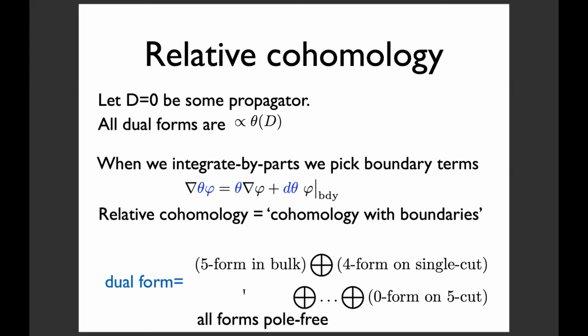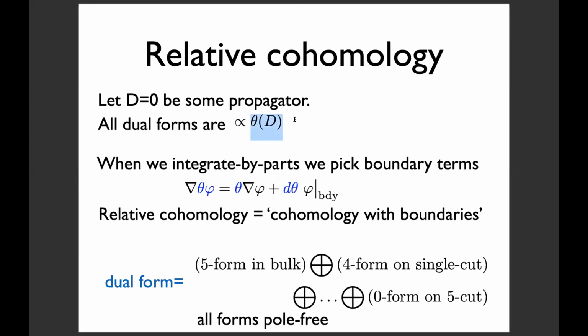The last thing we need to define, that we're going to do calculations with, is this: suppose that D is some propagator, then all the dual forms need to have a 0 of that propagator, so they're proportional to that step function.